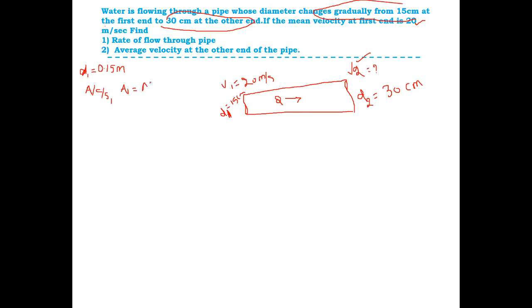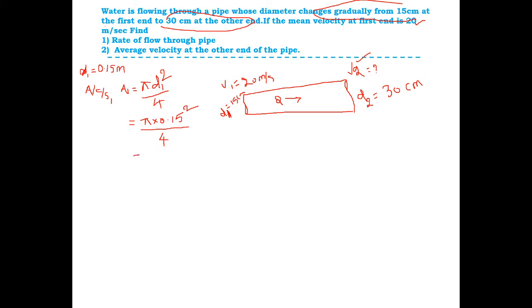A1 is equal to pi into D1 square by 4, is equal to pi into D1 how much? 0.15 meters, 0.15 square divided by 4.